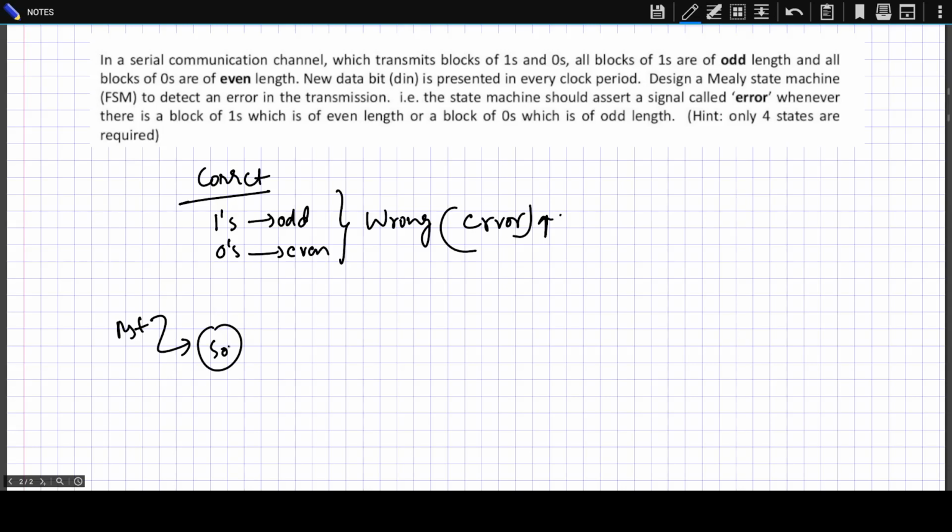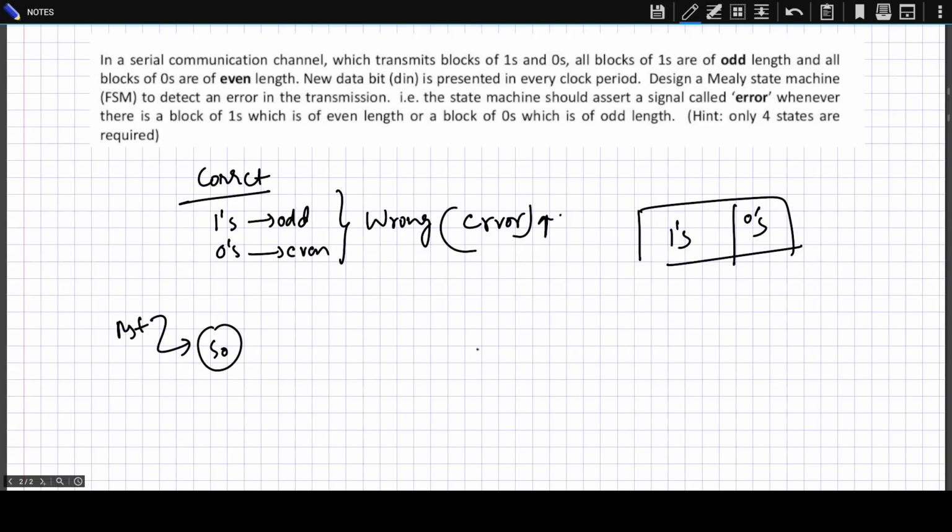What does this state represent? We would take the blocks of zeros to be coming first and blocks of ones to be coming next. So when the reset button is pressed, the FSM is in state S0, and it is expecting some inputs, blocks of zeros.